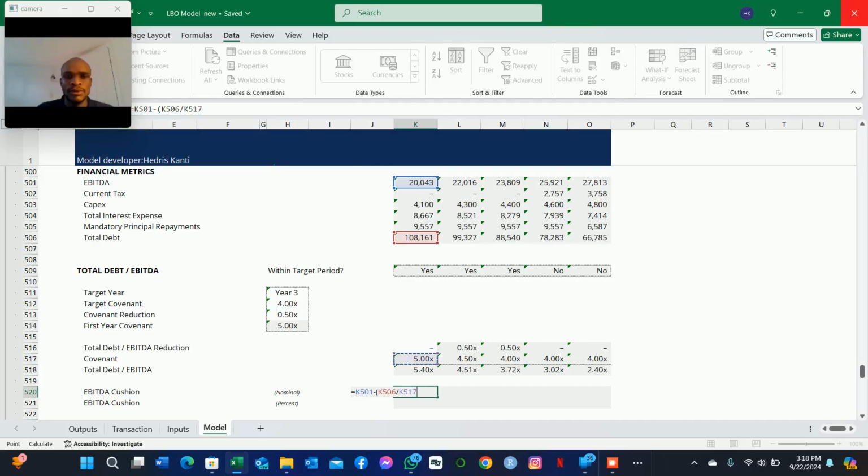So that's exactly what we are doing here. So that's gonna be the EBITDA quotient. We can close the bracket, I will press enter.